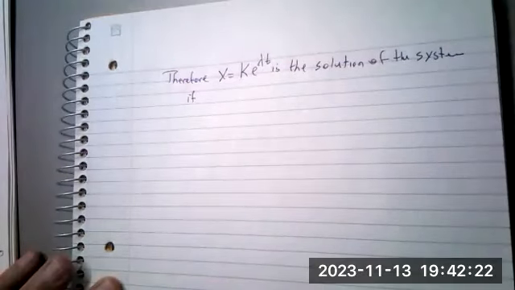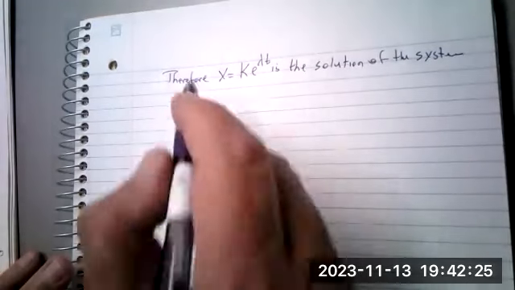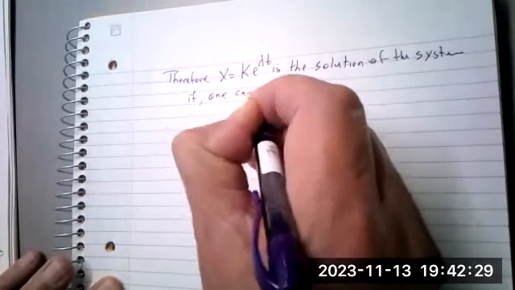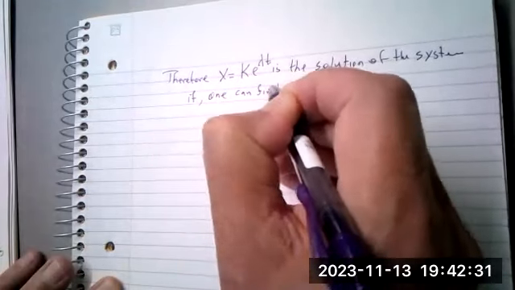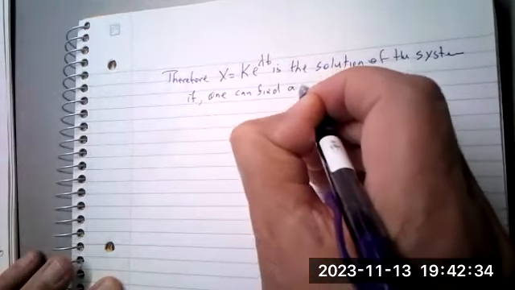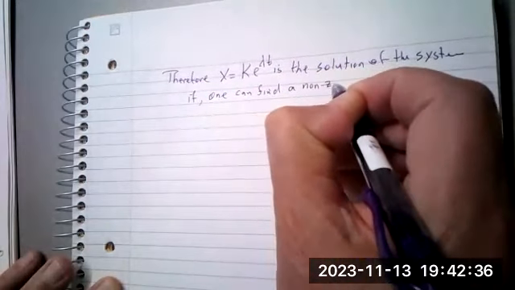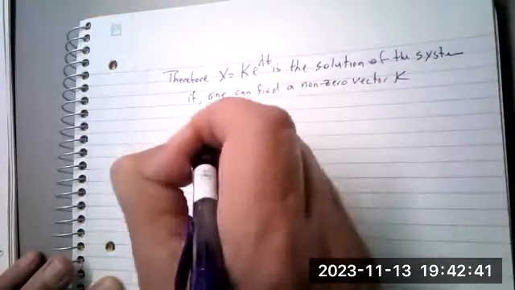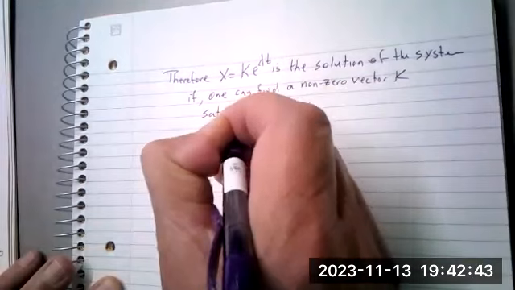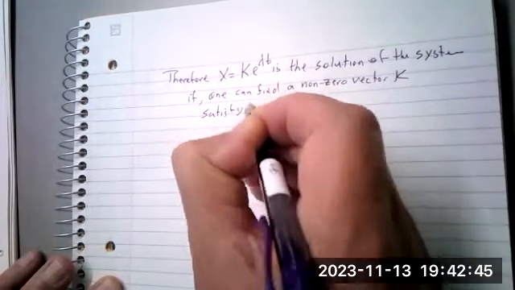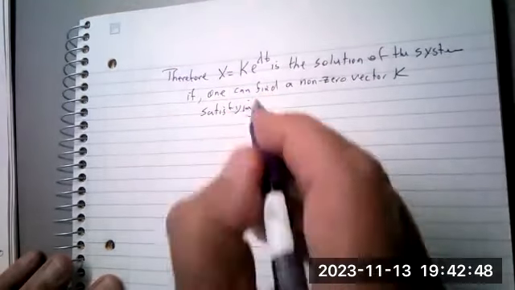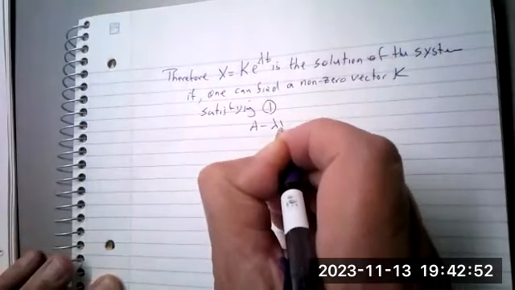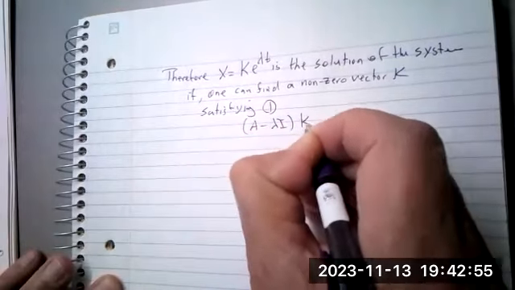If one can find a non-zero vector K satisfying equation number 1, which is A minus lambda I times K equal to 0.